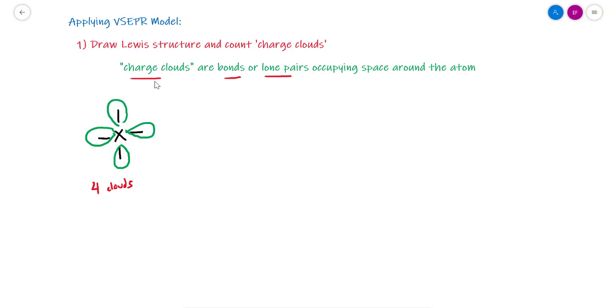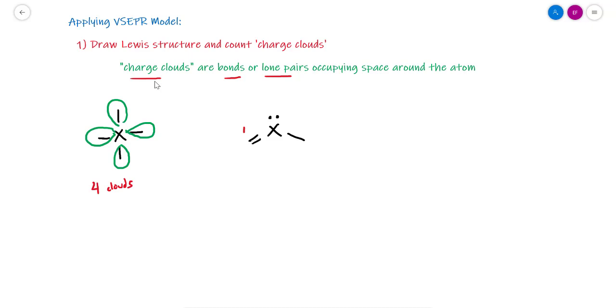Let's think about this with another example. So if we have some other generic atom, and let's say it's got a double bond to something out here, and it's got a single bond to something out here, and it's got a lone pair here. A charge cloud is each one of these chunks of electron density that cannot move independently of itself. So in this case, the double bond, those 2 bonds can't move independently of each other, so we count that as 1 charge cloud here.